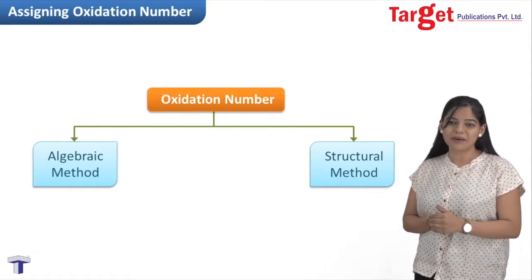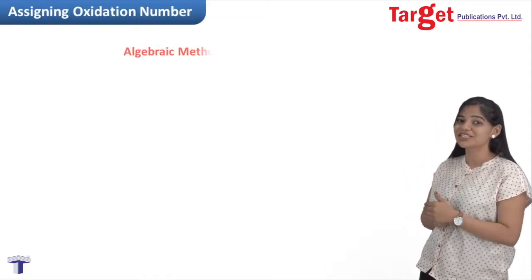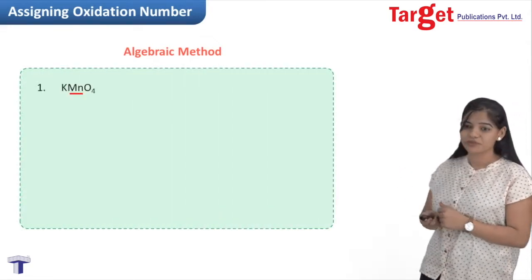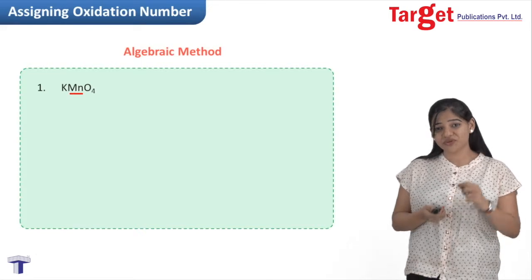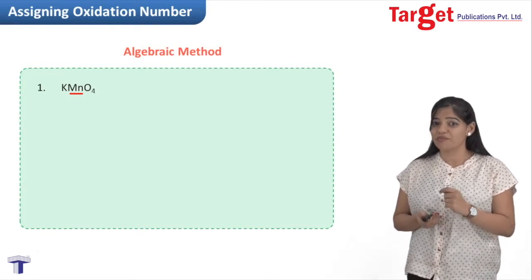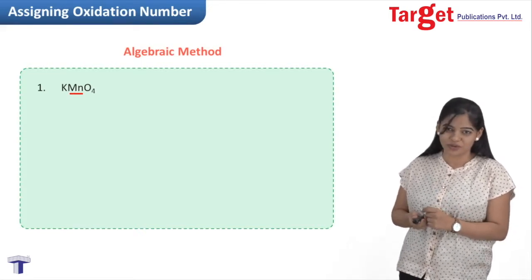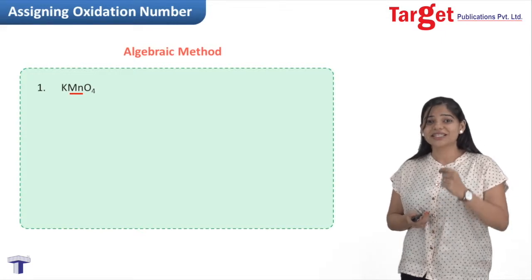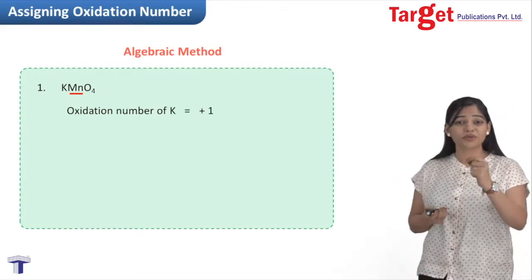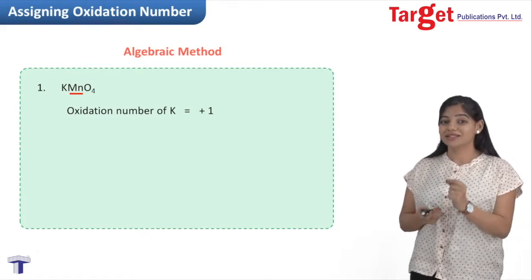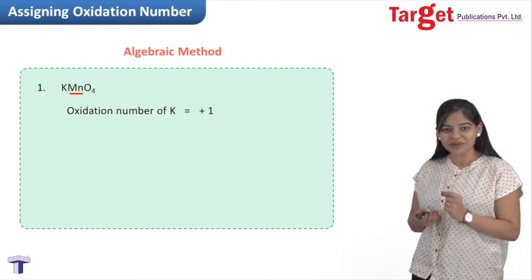So the first example we'll take, using the algebraic method, is KMnO4. You can see here the underlying element is Mn, that is, we have to calculate the oxidation number of manganese in the KMnO4 molecule. So with the help of the rules, we can say the oxidation number of potassium is +1 as it belongs to group 1 element.